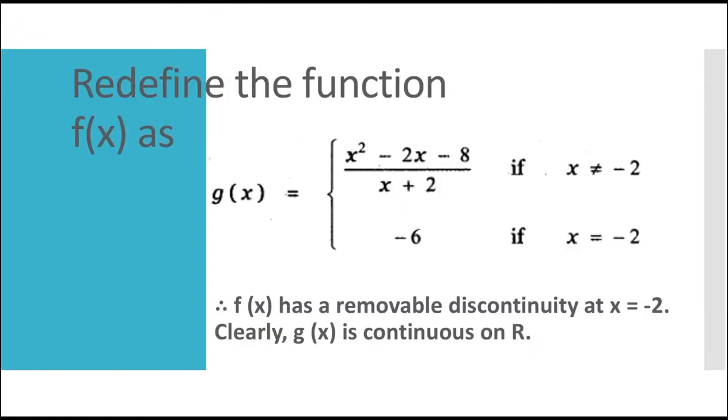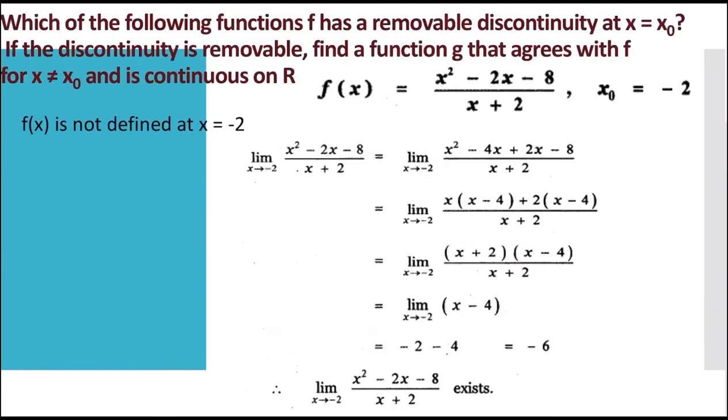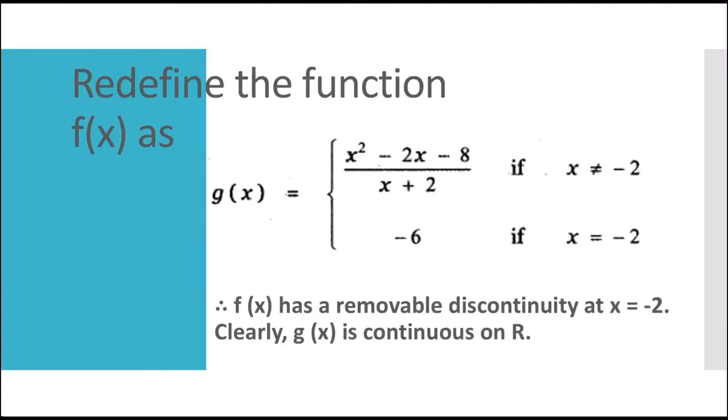Now, we have to redefine the function. So, when x is not equal to minus 2, this function f of x remains the same. When x is equal to minus 2, the value of the function is minus 6. Here we have calculated it, right? When x is equal to minus 2, it is minus 6. So, we are redefining the function g of x as, when x is equal to minus 2, it is minus 6.